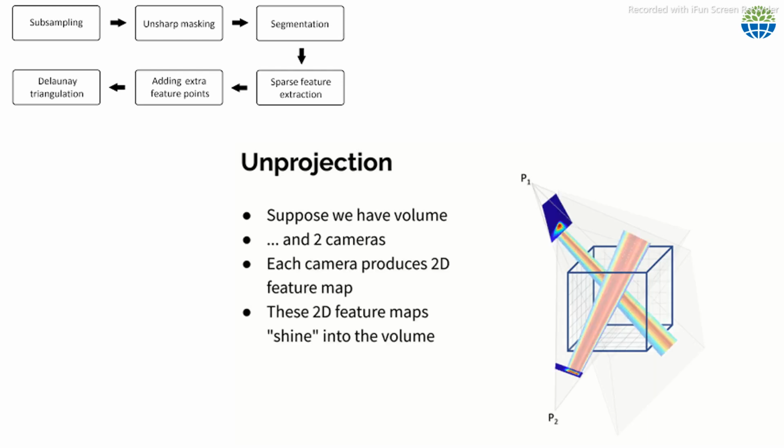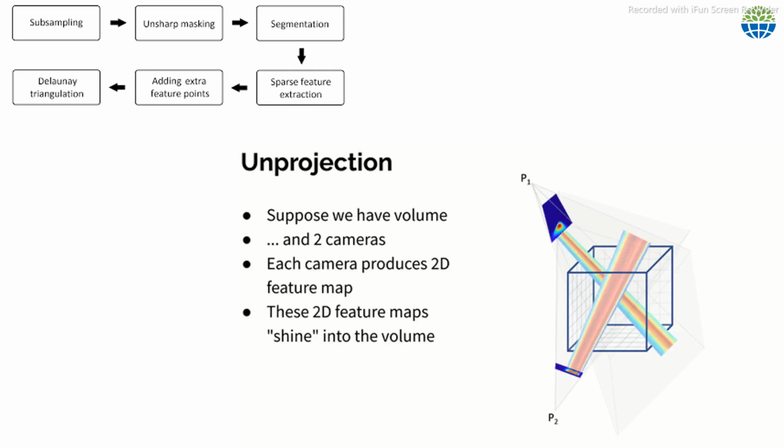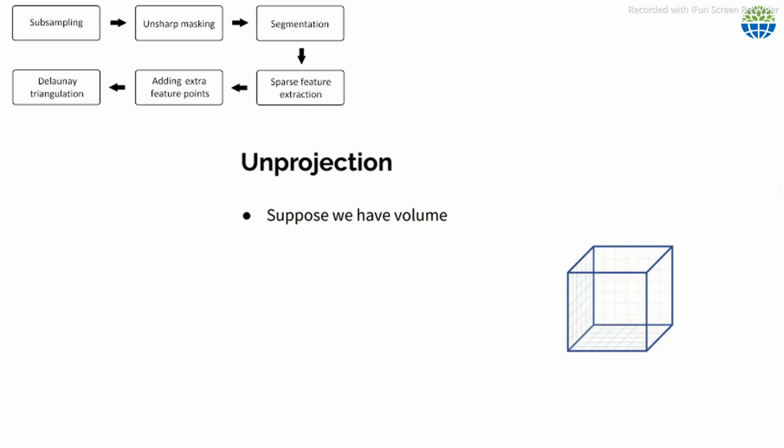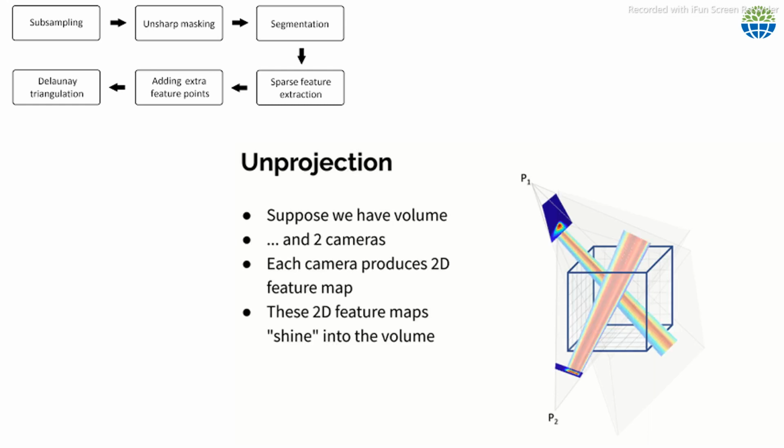So here you can see one example. Suppose we need to calculate the volume, and here we are applying 2 cameras, right? Each camera has a 2D appearance, 2 cameras P1 and P2, and each camera has a 2D feature map.